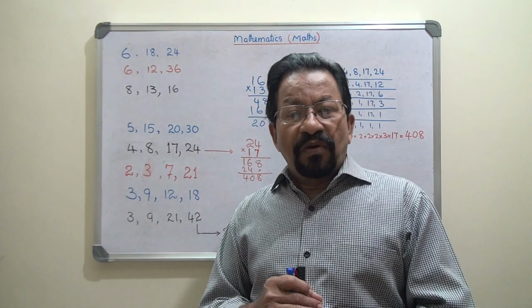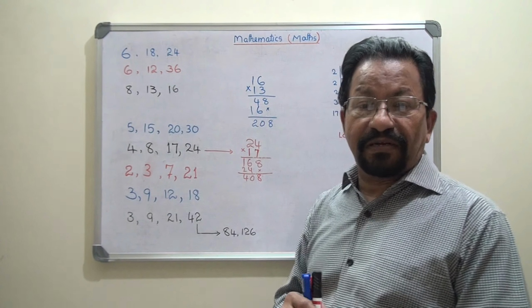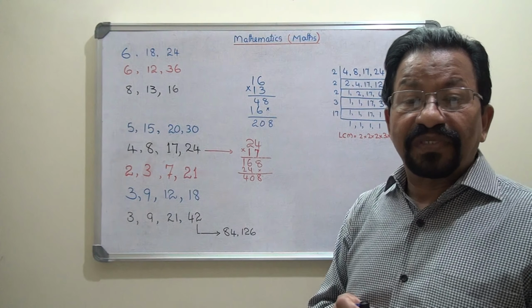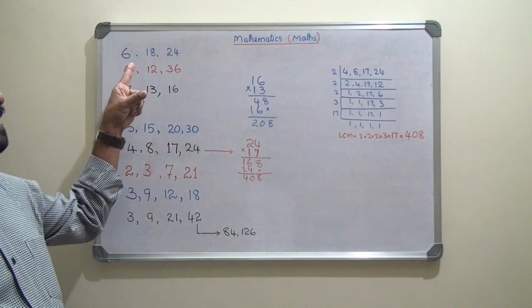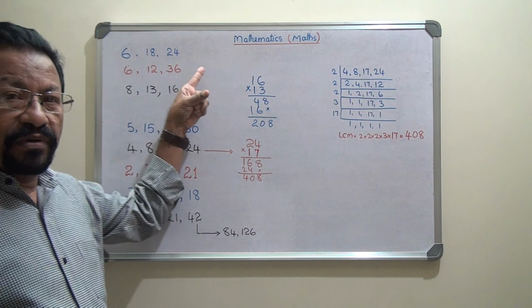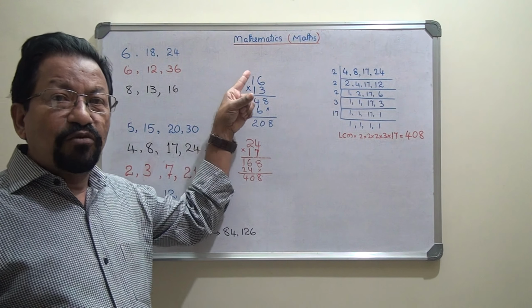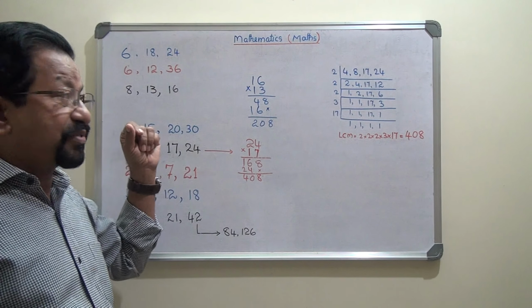Now, let us come to how we follow the easiest method of taking the LCM. For example, here 6, 18 and 24 are the denominators of 3 fractions. We have to take the LCM of 3 numbers.